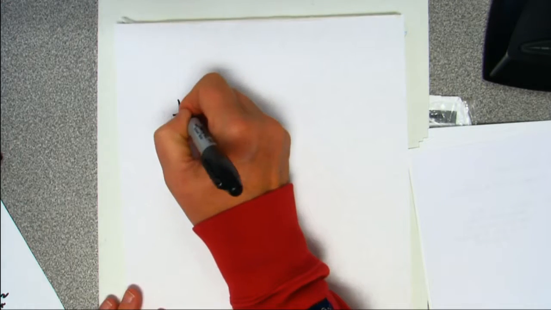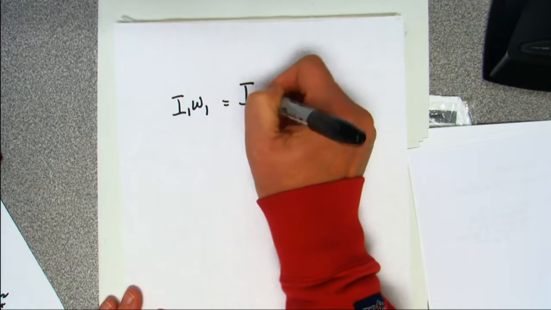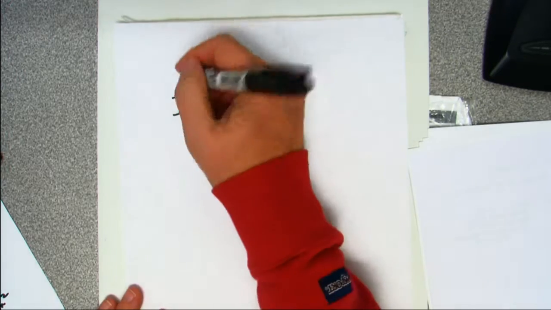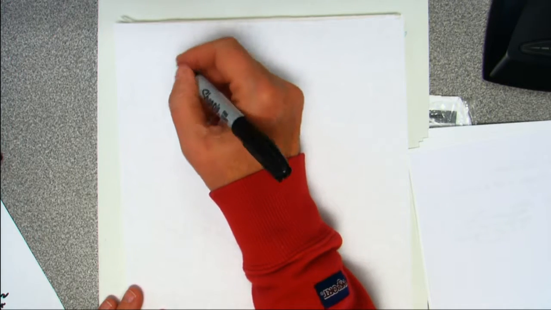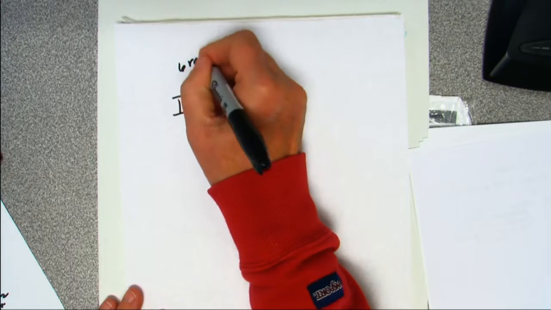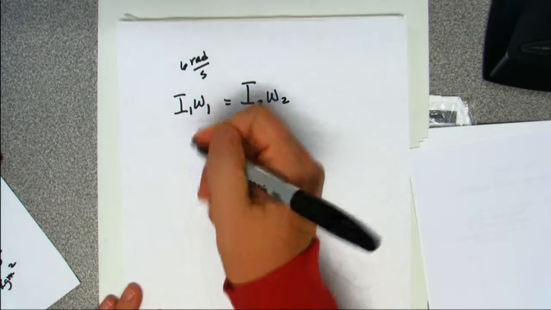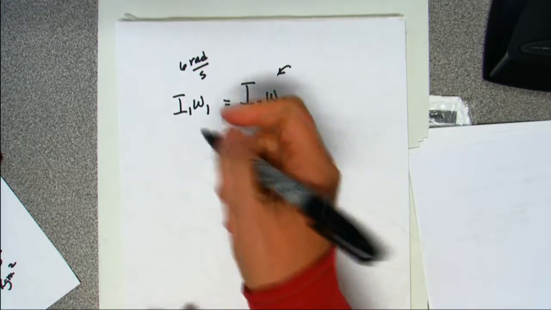But my angular momentum before has to equal my angular momentum after, because I have conservation of momentum. So I1 omega 1 is equal to I2 omega 2. If we start out with a spin that's 6 radians per second, we want to know what it is when we put in our arms.